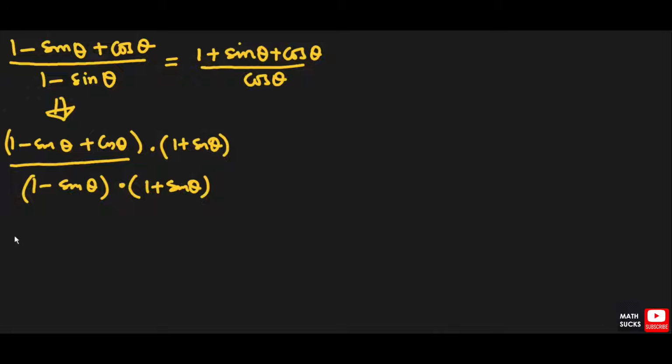So when we get here, observe that we can condense the denominator using the difference of two squares. a squared minus b squared is equal to a minus b into a plus b.